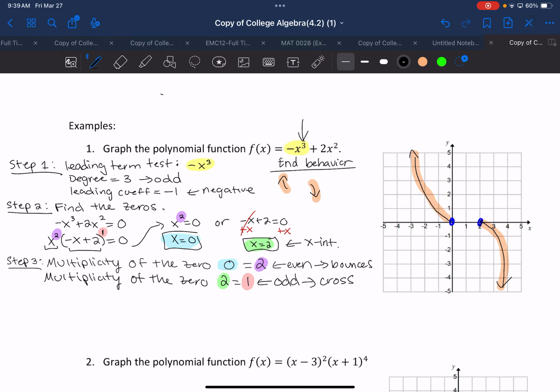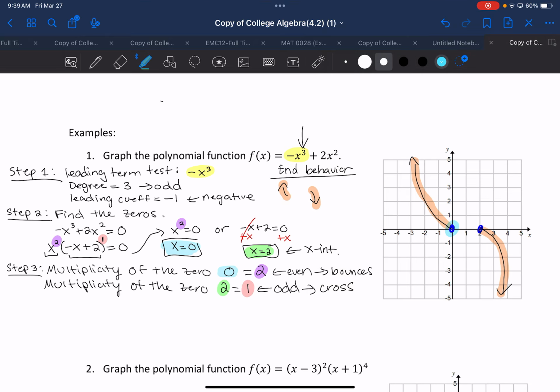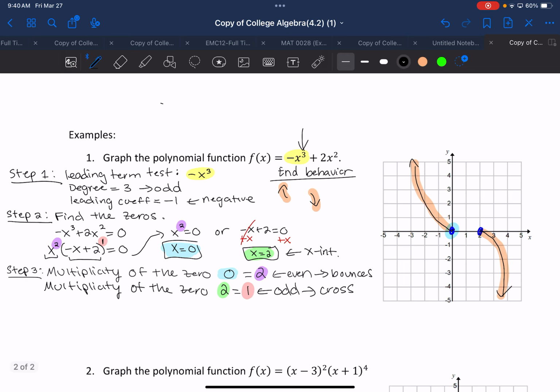So the zero of 0, the x-intercept 0 right here, we said will bounce. So it goes and touches just like it already is, and then it's going to go back up. It's not going to cross. It's going to go up some amount, but it has to come back down eventually because it has to go through that x-intercept.